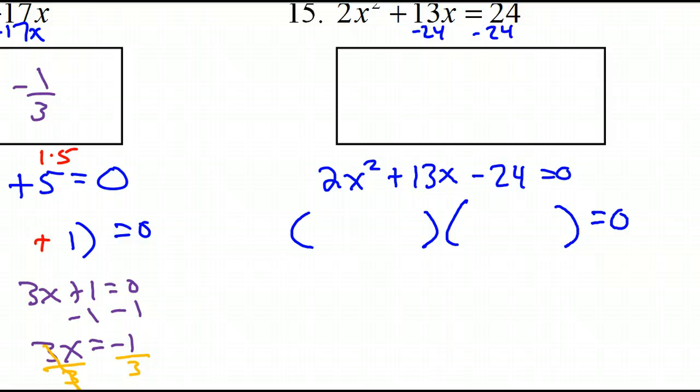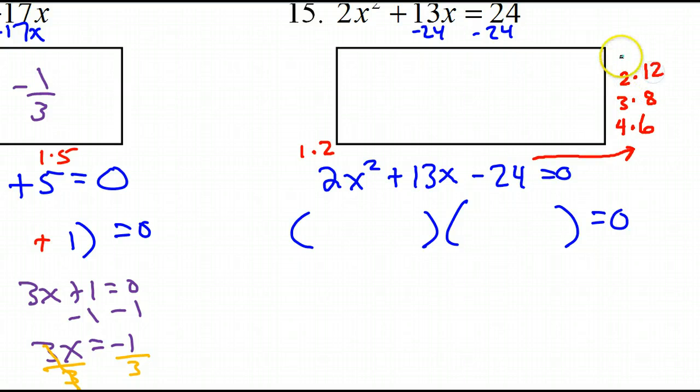Obviously 2 can only be 1 times 2. 24 has a bunch of options. It's either going to be 4 times 6 or 3 times 8 or 2 times 12 or 1 times 24.